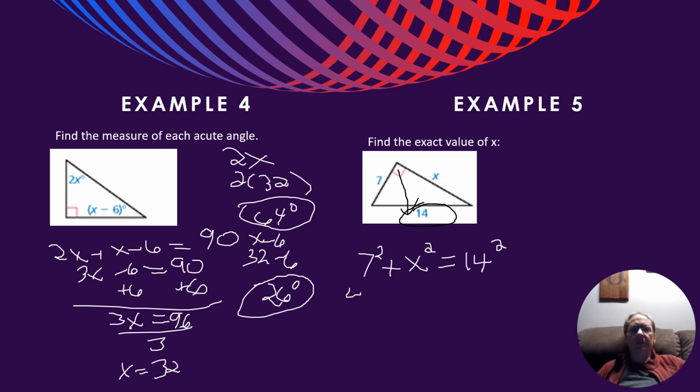So 7 squared is 49. 14 squared is 196. So subtract 49 from both sides.